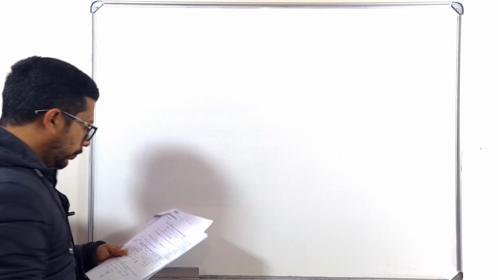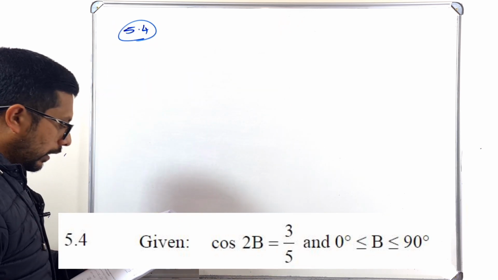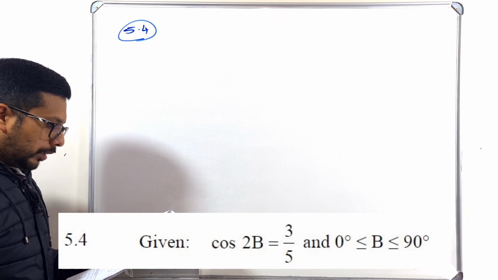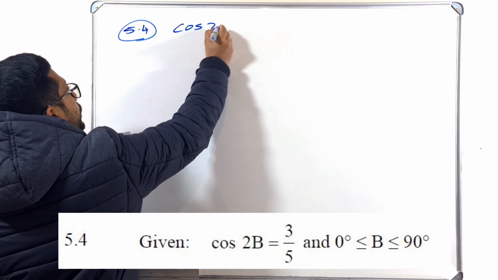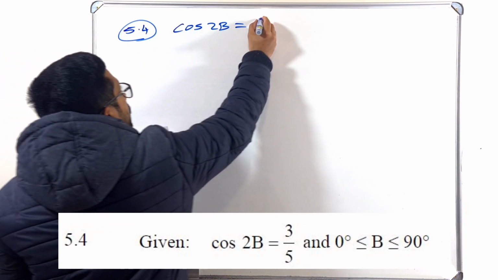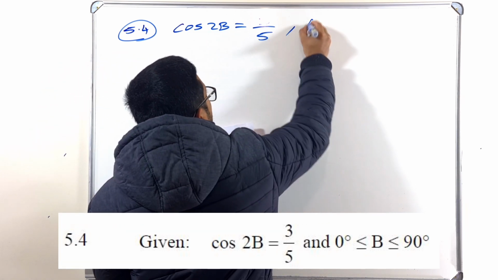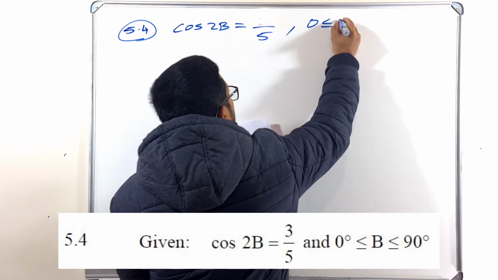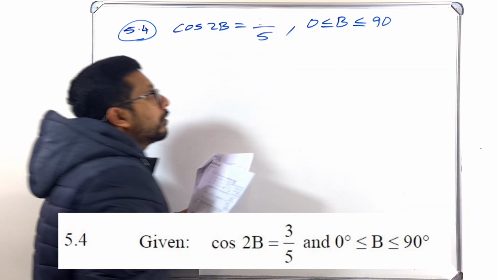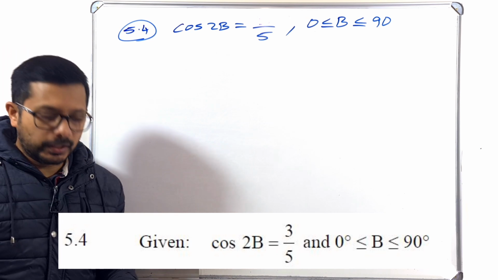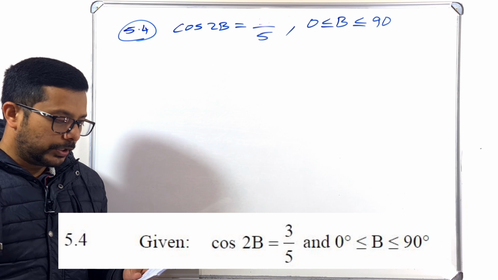Okay, question number 5.4. What is that question? Given cos 2b is equal to 3 over 5, and what is the domain? 0 less than or equal to b less than or equal to 90. 0 to 90 means it's in the first quadrant.